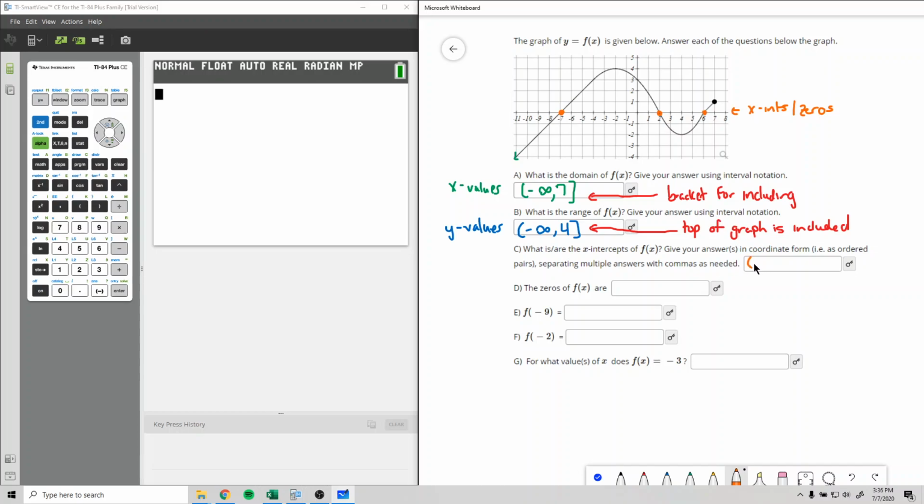So we got -7, 0. It says separating multiple answers with commas. We got the next x value, which is 2, 0. And we got the last value, x is 6, the y is 0. And the zeros are just the x values of those, -7, 2, and 6.